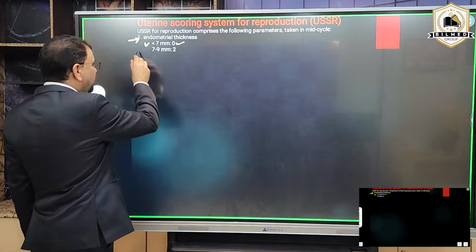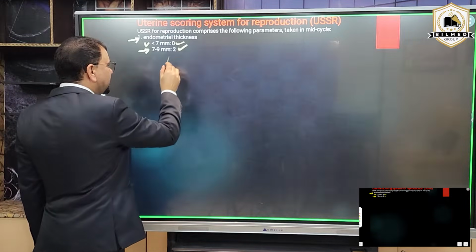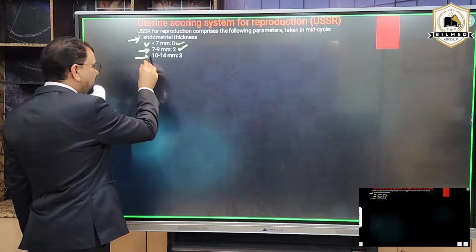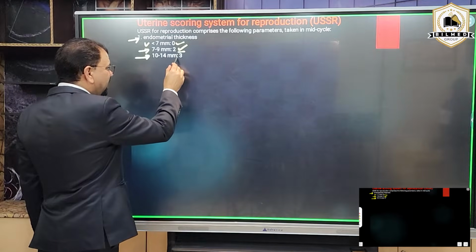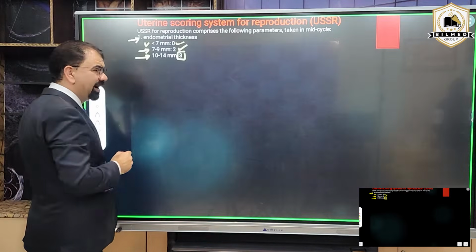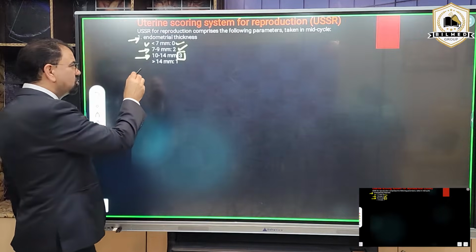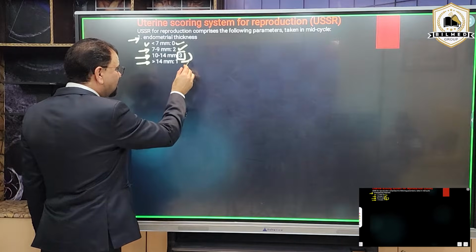And if endometrial thickness is between 7 and 9, the score increases from 0 to 2. And if we have an endometrial thickness of 10 to 14, then we give 3 points for that endometrium. But if the endometrium is more than 14, then the score is dropping.